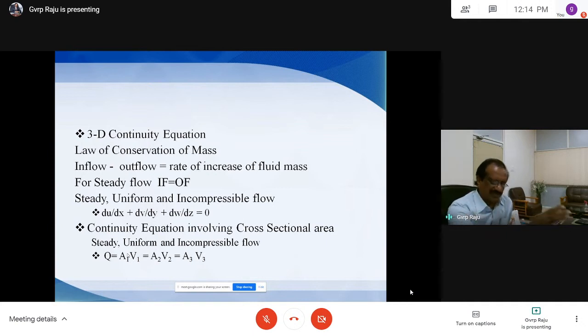Q = A1 V1 = A2 V2 = A3 V3. So the quantity of water flowing through the pipe is the same. A1 is the area at section 1, V1 is the velocity at section 1, A2 is the area at section 2, V2 is the velocity at section 2, and A3 is the area at section 3, V3 is the velocity at section 3.